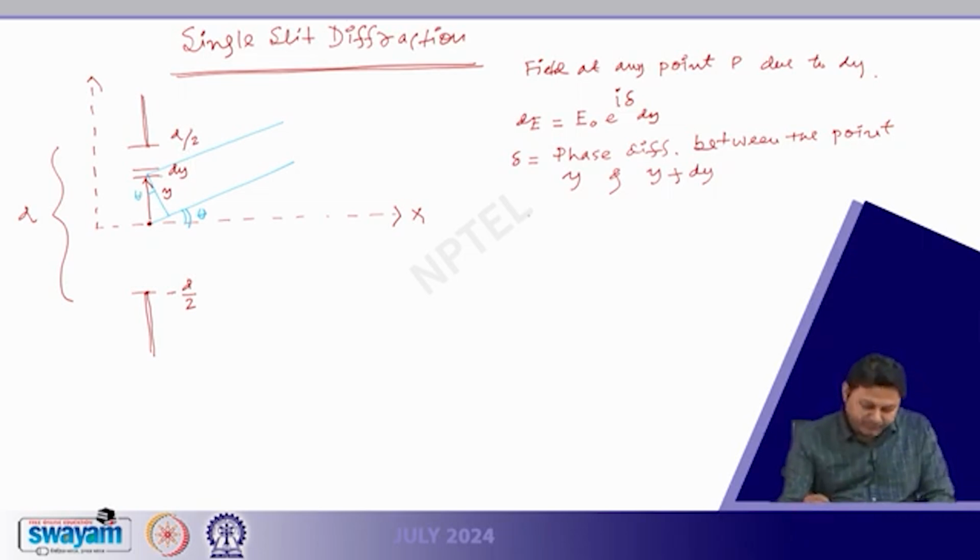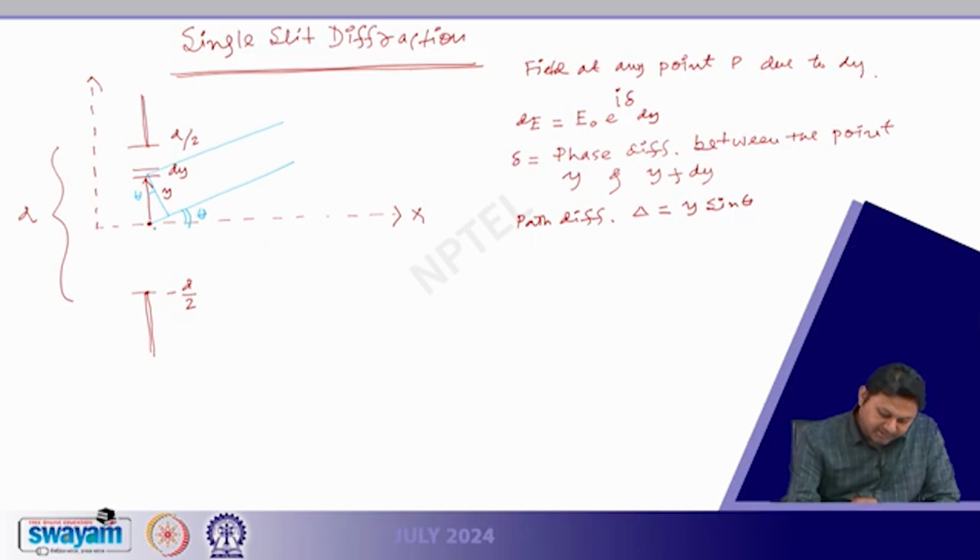So, the path difference one can calculate. The path difference delta is y sin theta, because this is the extra path difference.